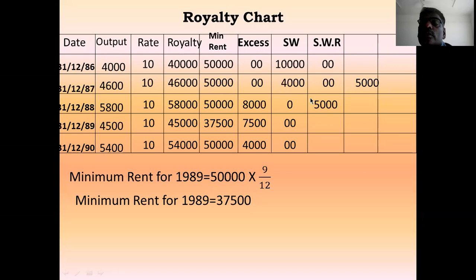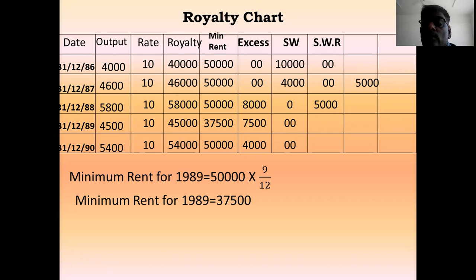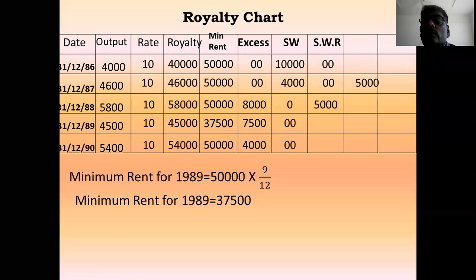And the next 5,000 is possible to recover here. The remaining 5,000 is recovered in the year 1988 because there is an 8,000 excess. 8,000 excess is here, but the maximum limit of recovery is only 5,000. Therefore, I recovered 5,000 only.